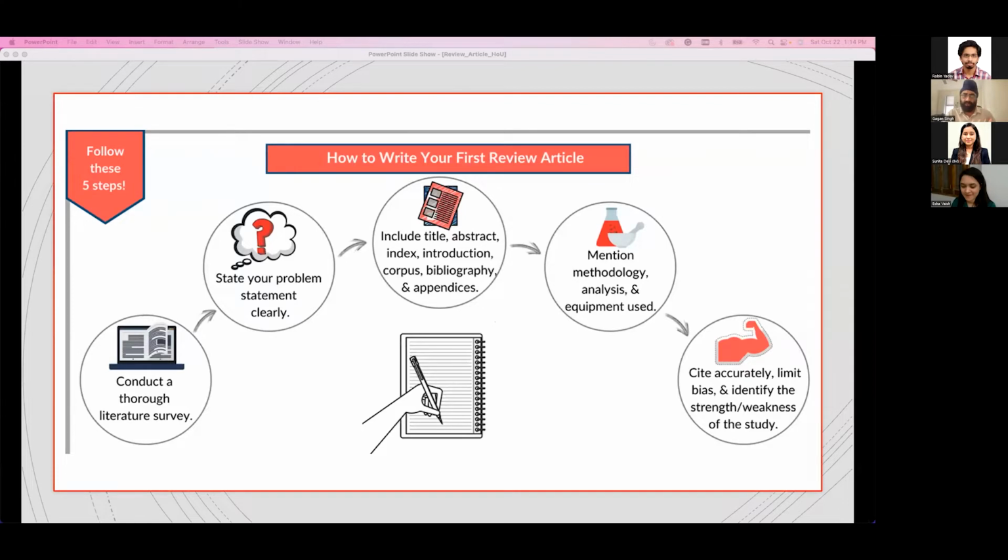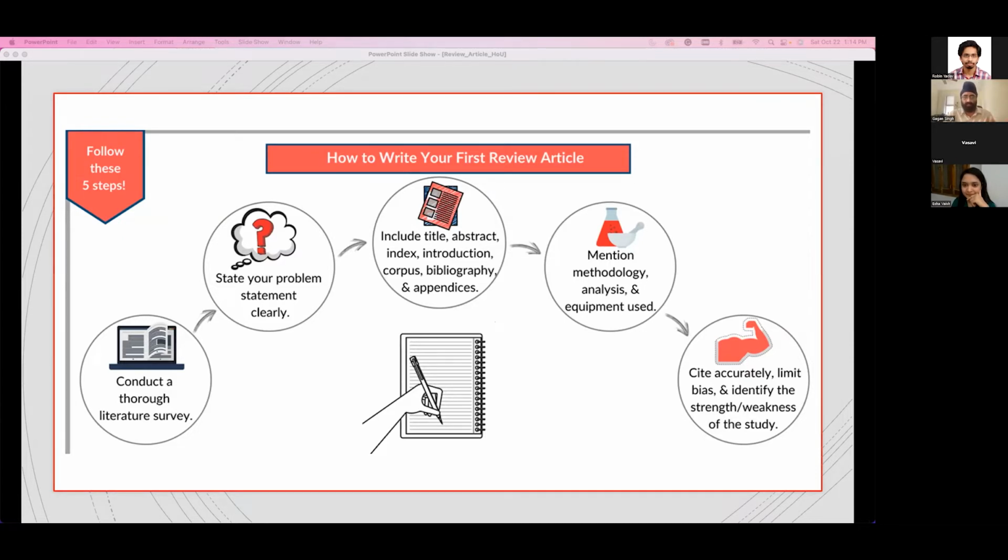You should also give future directions. Because a review looks at the past, you summarize the literature and make your point, and now you want to tell what should be done in this field, what the future direction should be. That's very important. That's how I believe the paper should be.